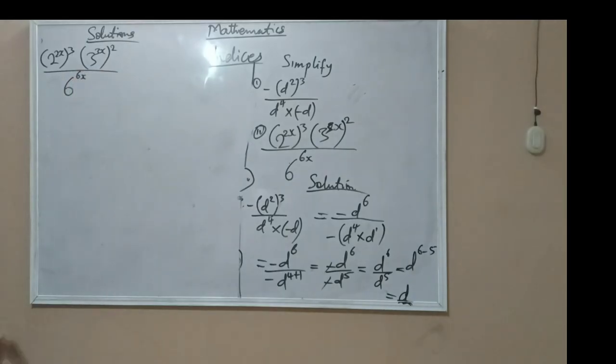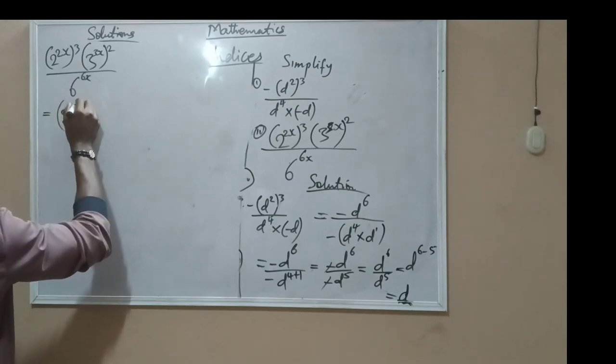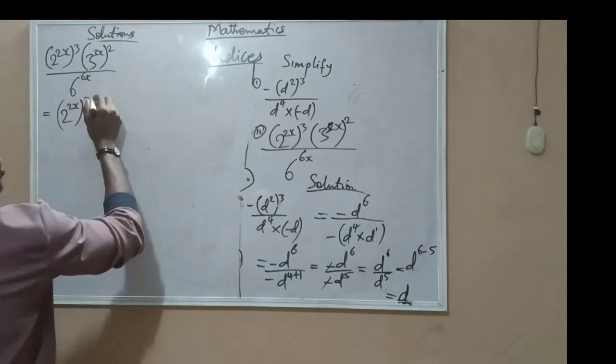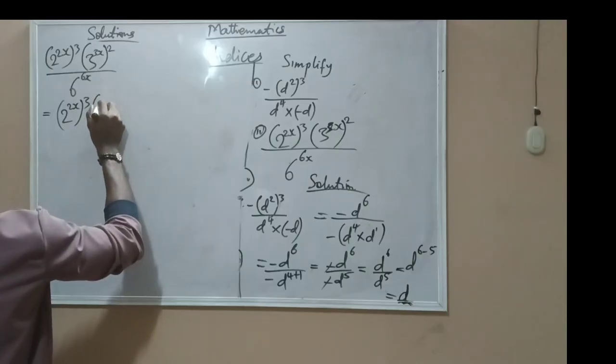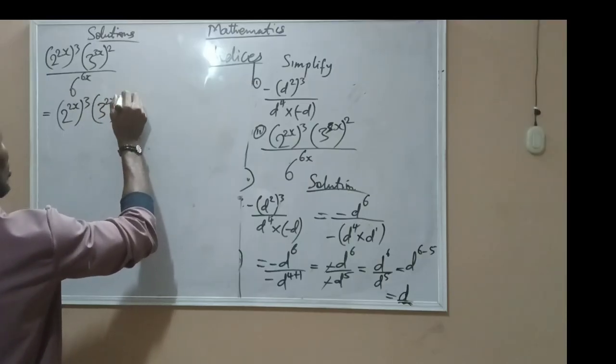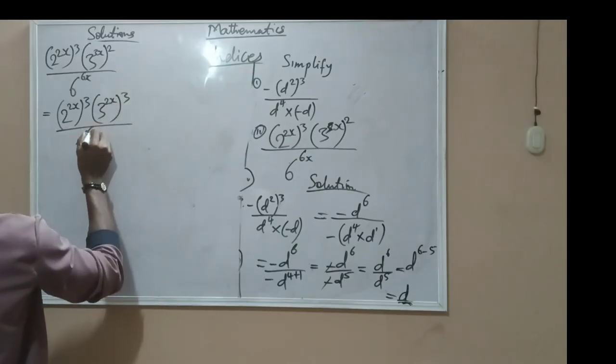Look at this one. This is it: bracket 2 raised to the power 2x all raised to the power 3, multiplied by 3 raised to the power 2x all raised to the power 3, all over 6 raised to the power 6x.